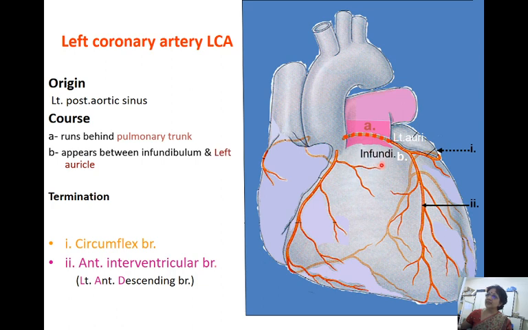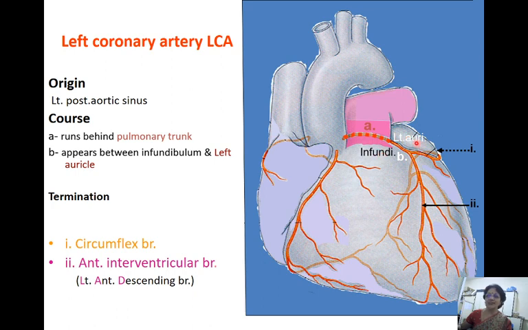So now it appears. This is the infundibulum. We said this outlet part just before the pulmonary trunk is the infundibulum, and this appendage here is called the left auricle.